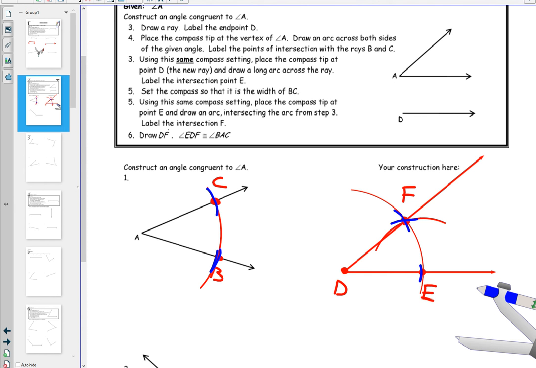Did I do it right? It doesn't look right. Let's see how you measure it. Your pencil's too long.